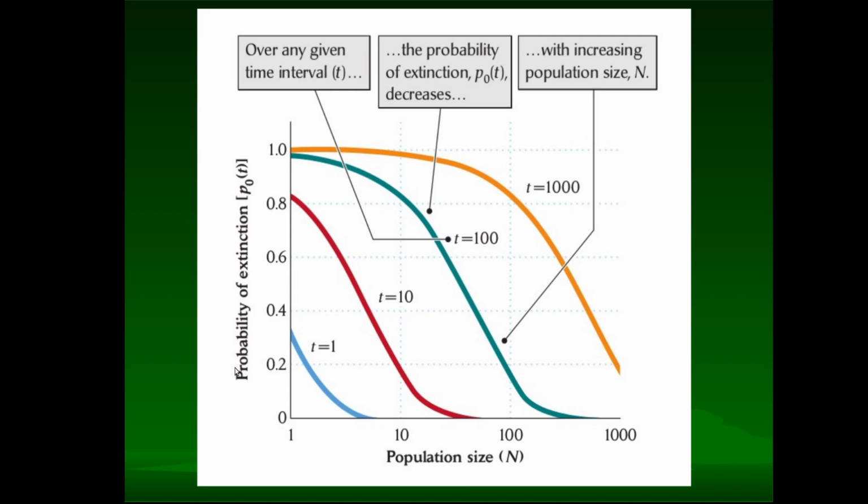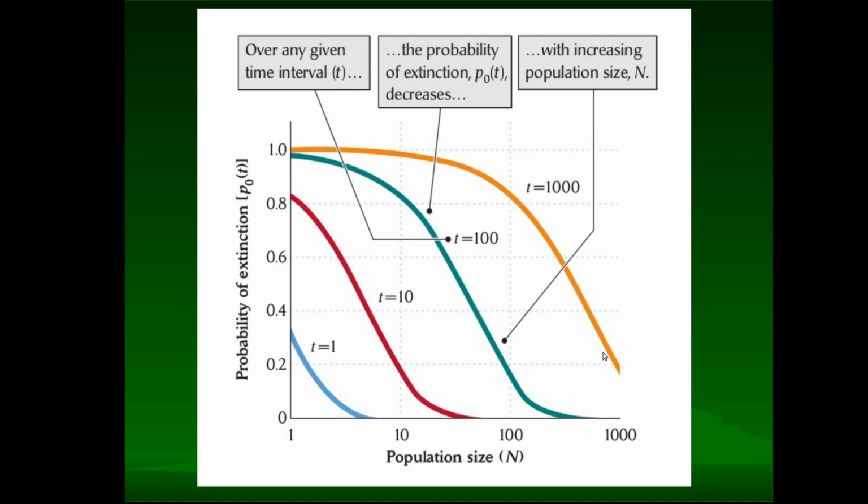So the probability of extinction during any particular time period goes down as the population size increases. So you can see that. If the time interval is 1, well, the probability is pretty low. If the time interval is 10, the probability might be a little higher. For 100, it's higher yet.